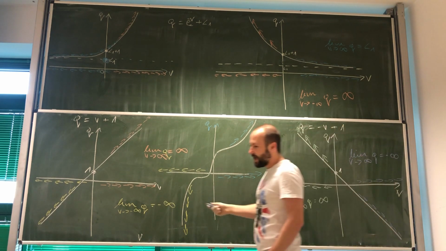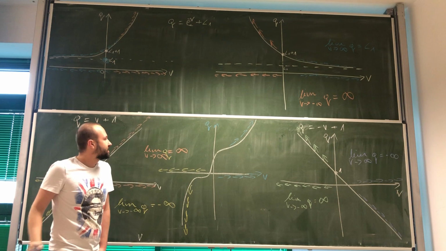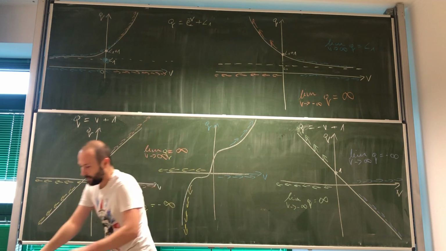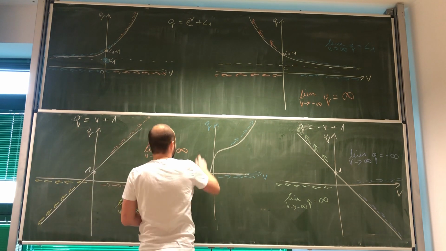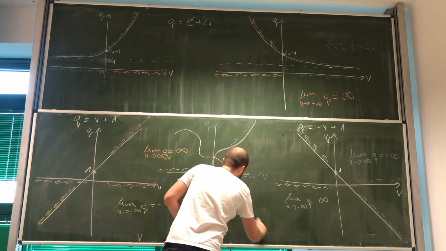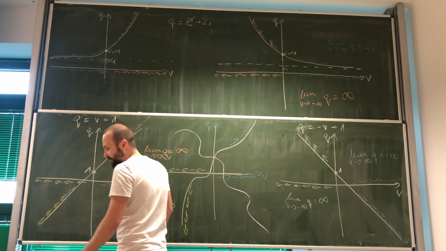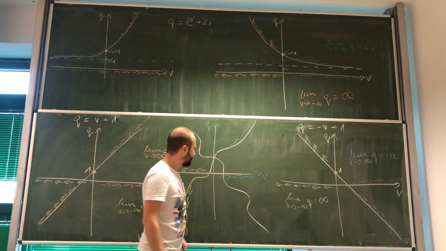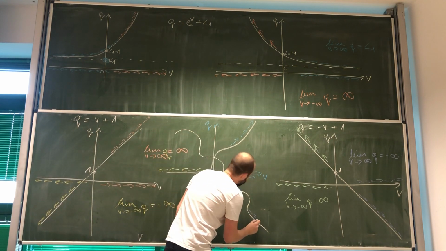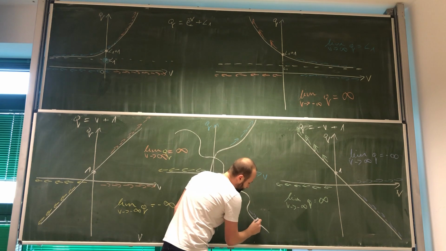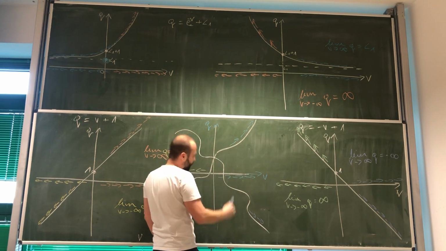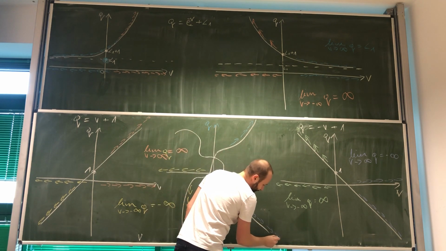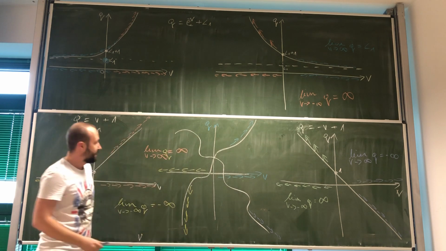And look, again, the function doesn't need to be linear. If the function were curvy, we would see the same thing. Look over here, as v is going to infinity, q is getting lower and lower.